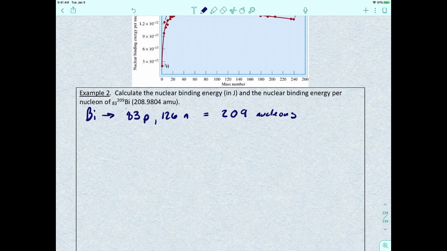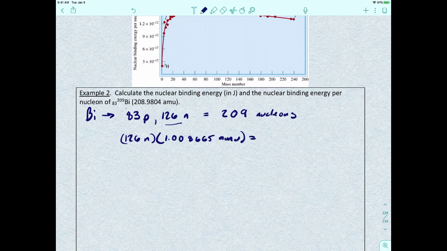Now, if we were to figure out the mass of bismuth from its constituents, we take the 126 neutrons and multiply by the mass of one neutron, which is 1.008665 AMU.